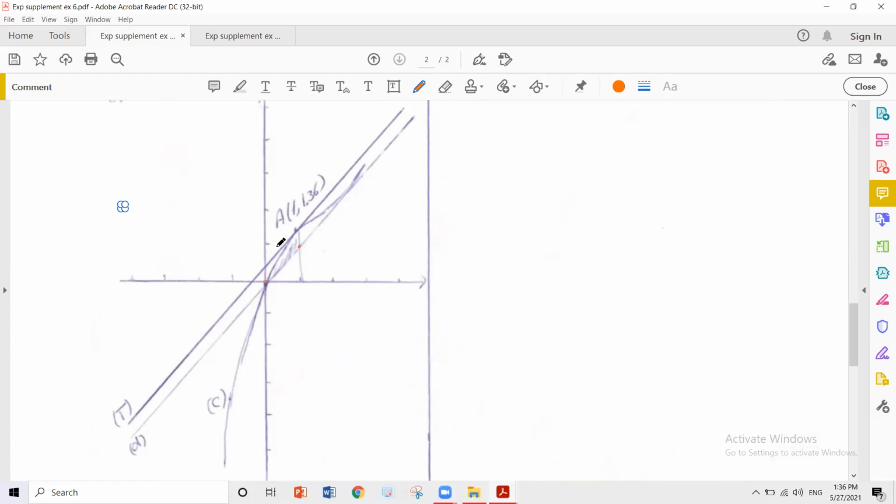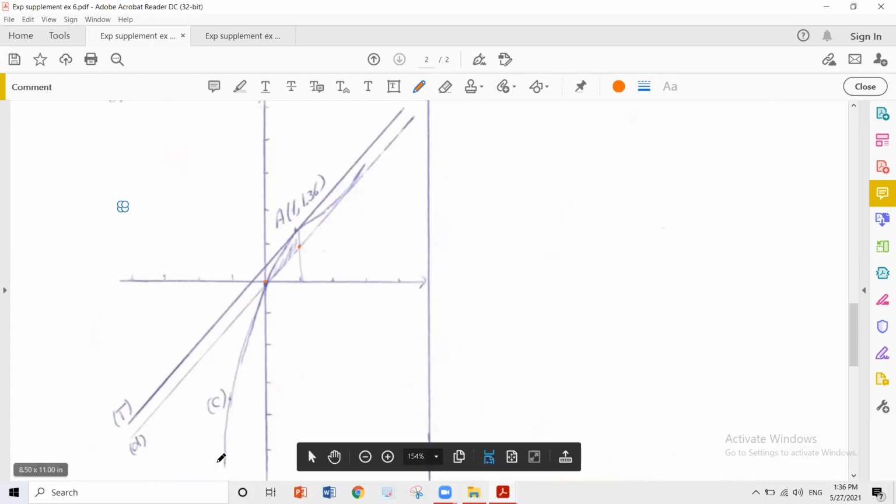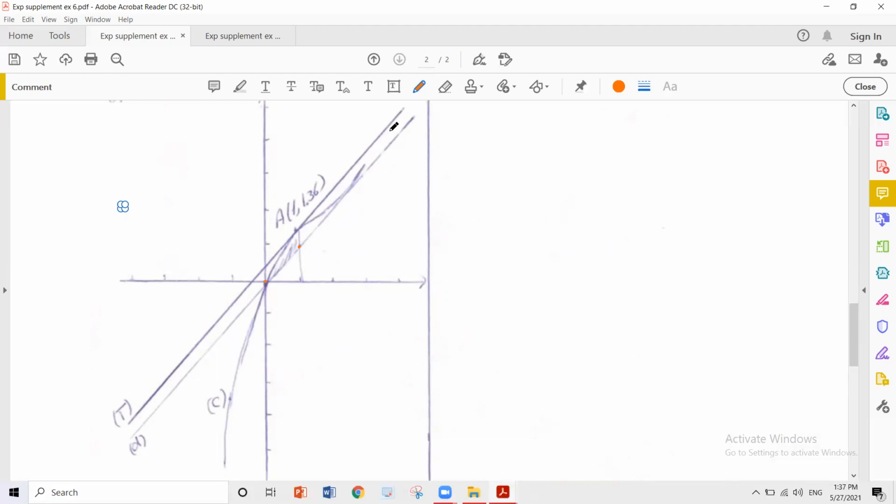I locate A, which is (1, 1.36), and I draw the tangent parallel to D at this point A. We can take particular points: for x = 0, y = 0, the curve passes through the origin, increases, has the tangent at A, then goes near the oblique asymptote.